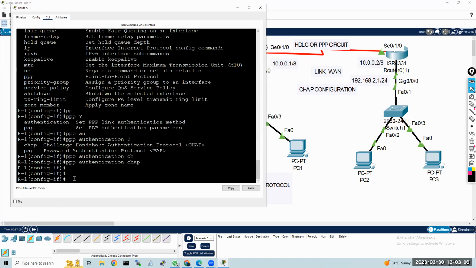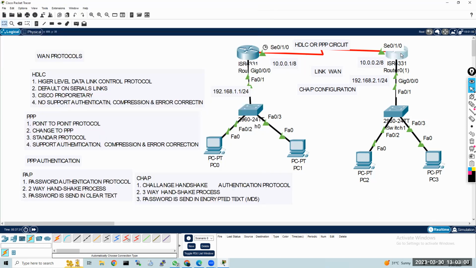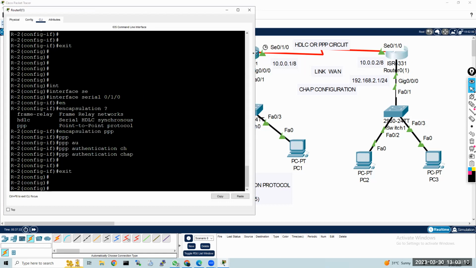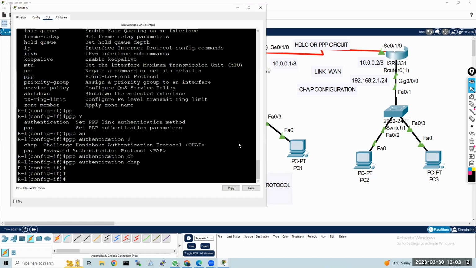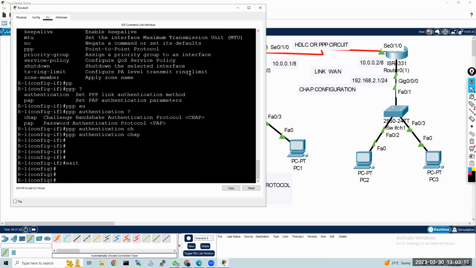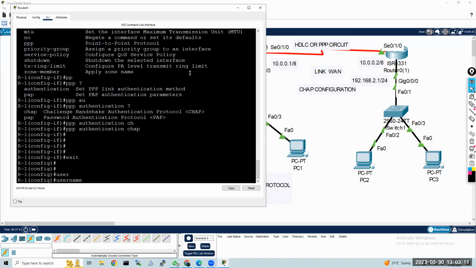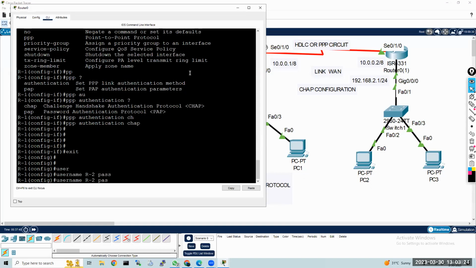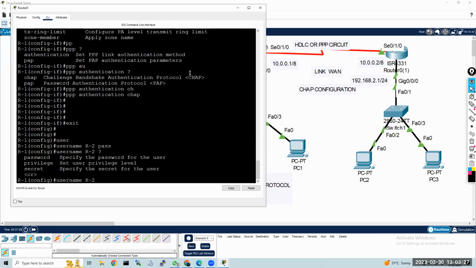This is my R1 and this is my R2. Let's start from R1. Create the username for R2 and the password. It will give the options, don't worry: password, privilege, secret, the same as creating users in telnet.